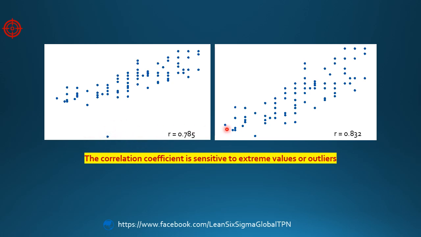The correlation increases to 0.832. That one point had a large influence on the relationship. So when we spot unusual values in our scatter plot, we should always evaluate the points to determine their cause. Often we can learn valuable information about our process based on these extreme values.